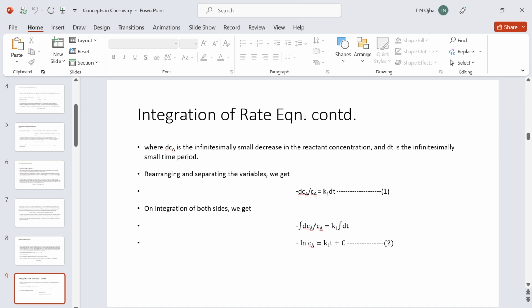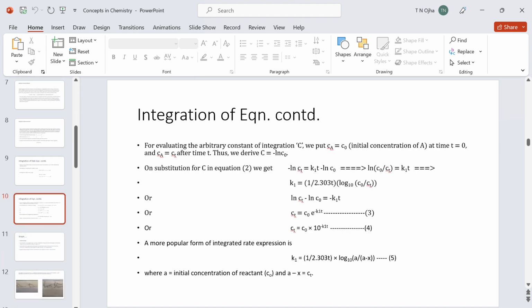When we integrate equation 1, we get equation 2: minus ln CA equals K1t plus C. Here this C is an arbitrary integration constant, and ln CA is the natural log of concentration of reactant A at time t. The constant C is arbitrarily chosen, so first we need to evaluate this constant. For evaluating the integration constant, we apply boundary conditions.